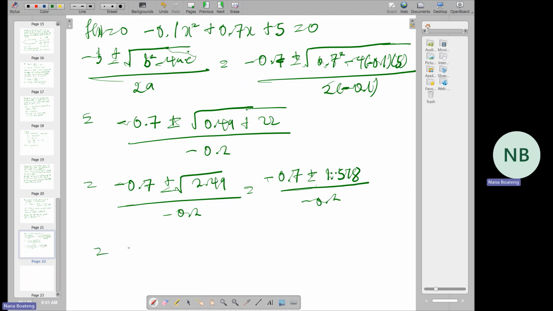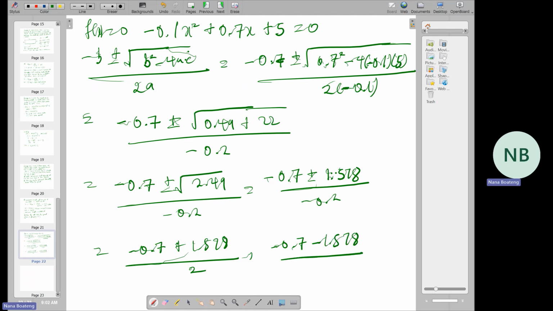So this equals negative 0.7 plus 1.578 divided by 0.2, or negative 0.7 minus 1.578 divided by 0.2. And if we evaluate this, we get minus 4.39 and 11.39.